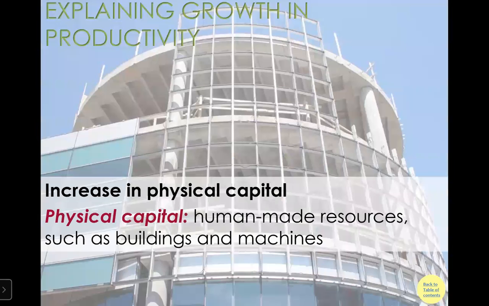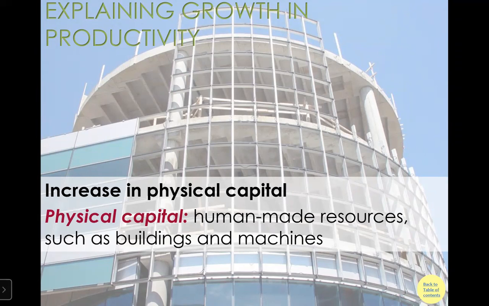Besides labor productivity, if we have an increase in physical capital, we can increase output, or in some sense increase labor productivity, because if you equip the worker with more physical capital, the worker can become more productive.